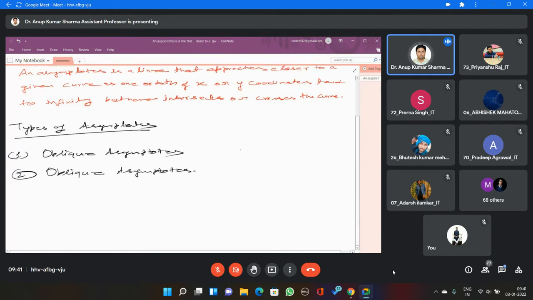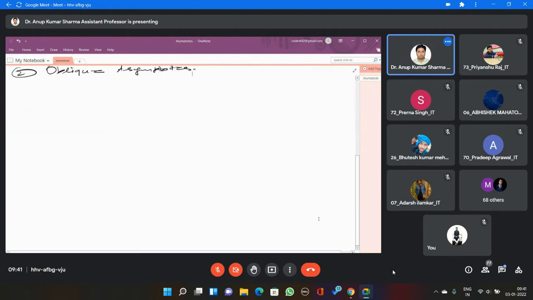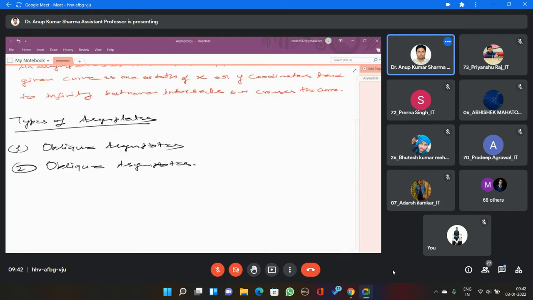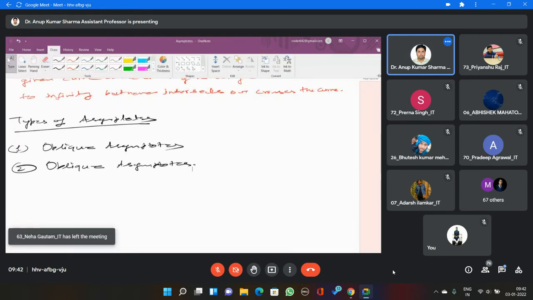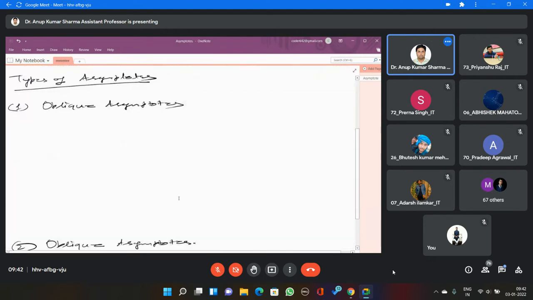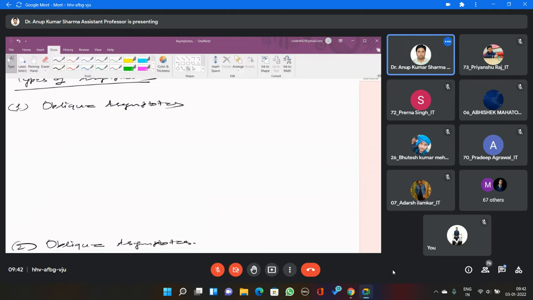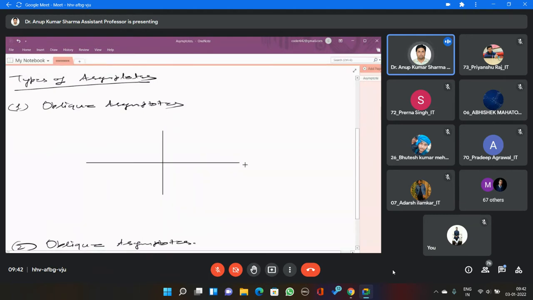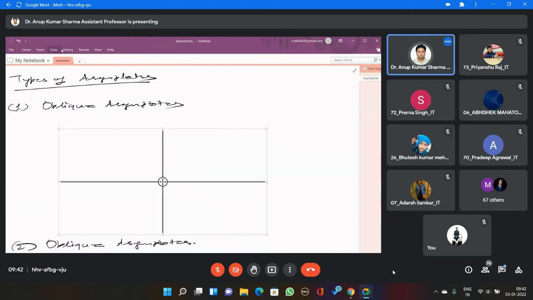When we come to the horizontal case, for example, and the oblique case, we can show it like a straight line.